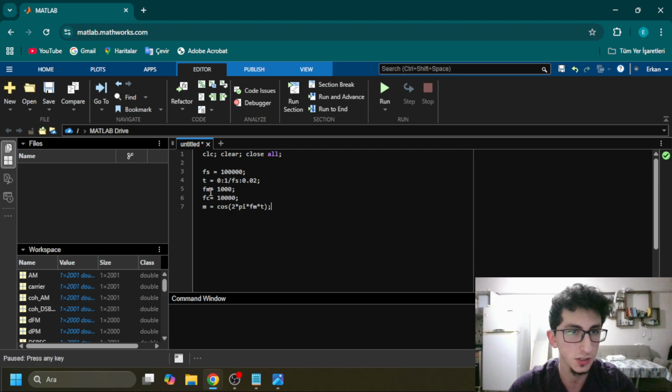And the third one is the message signal frequency is chosen as Fm and it's 1 kilohertz. And other parameter is Fc, the carrier frequency is selected as 10 kilohertz. And the last one is our message signal M(t) is generated as a cosine wave, as you know.